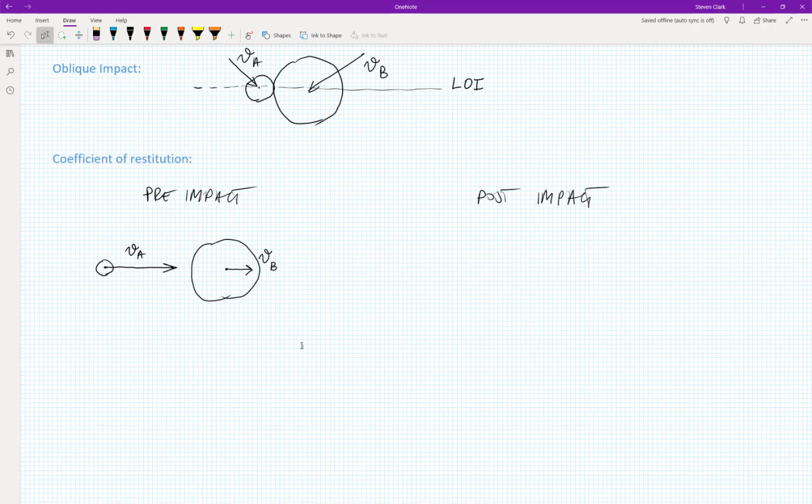Otherwise, body A will never chase body B, right? And the post-impact situation will look like that. We will have velocity A again, but this time that velocity will be a little bit smaller than velocity B.